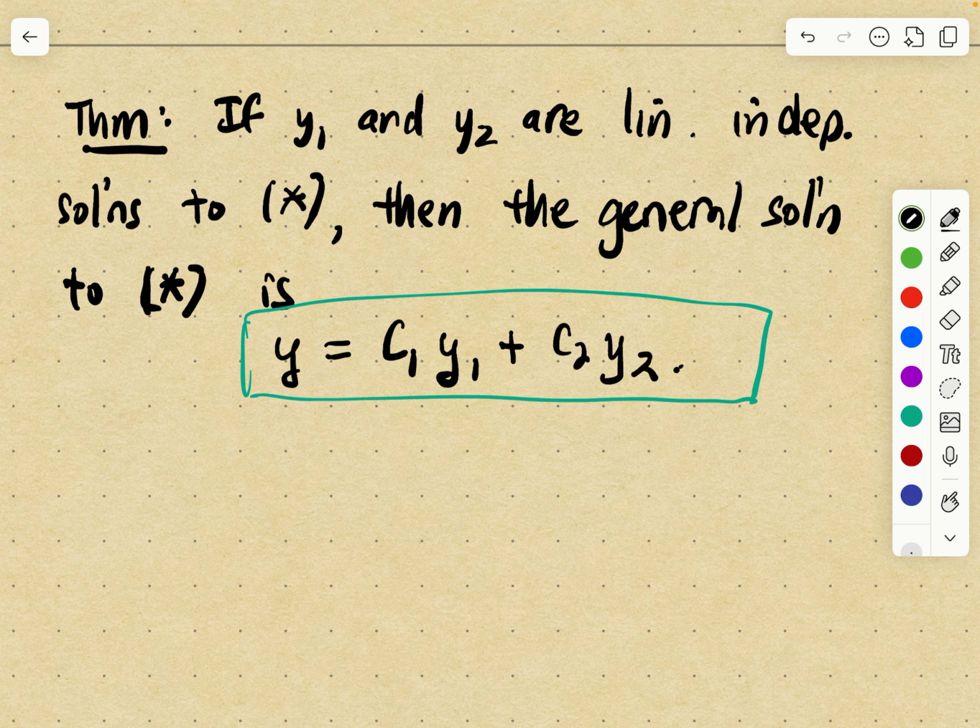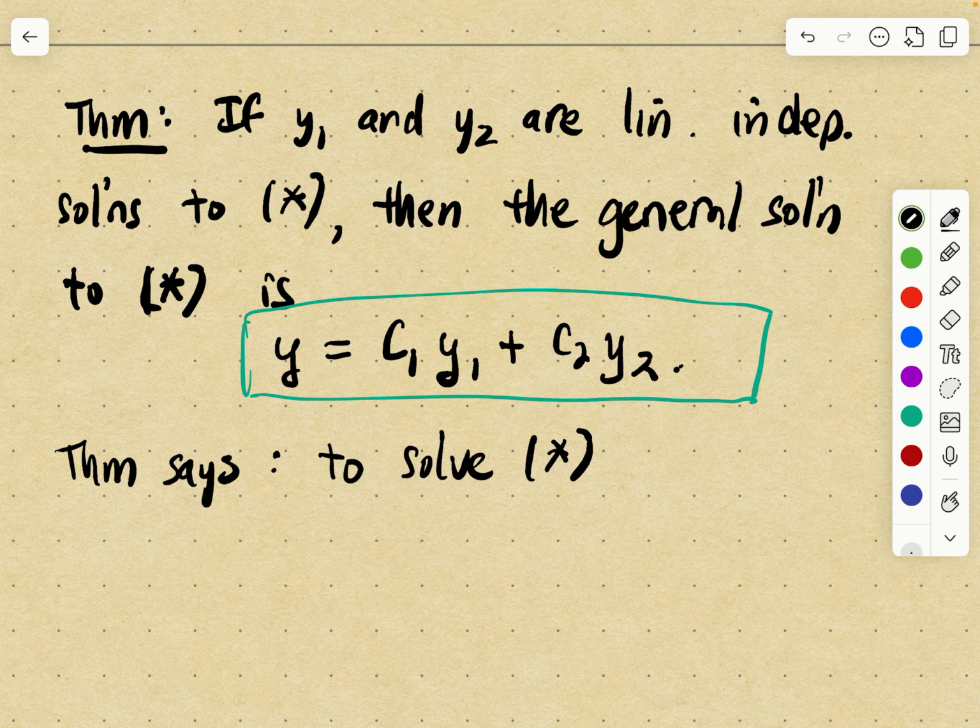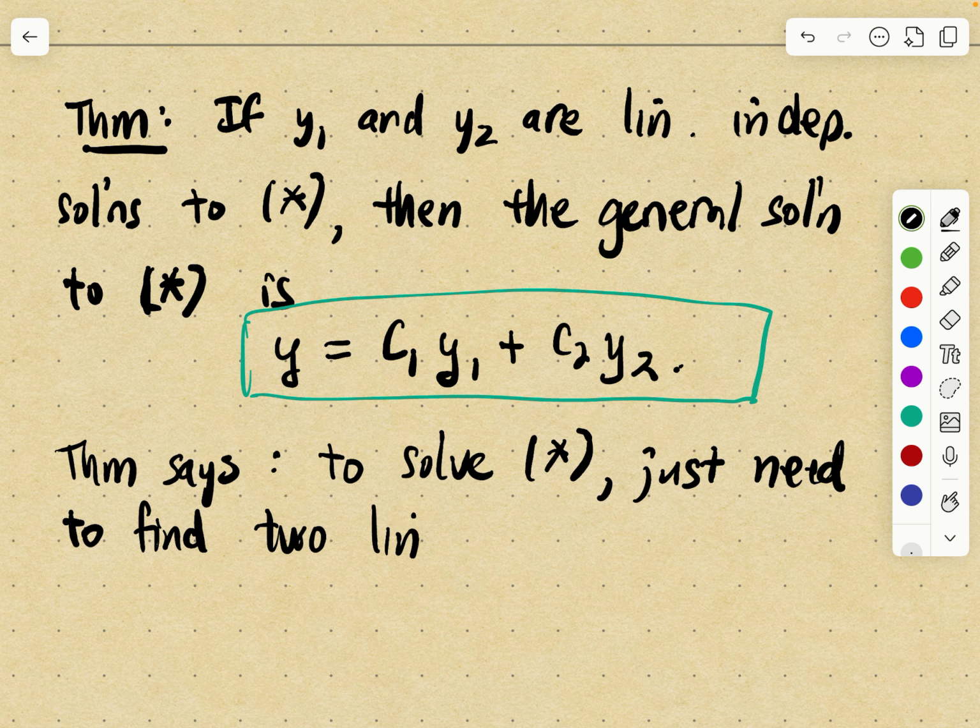The theorem says that to solve the differential equation, and this is only referring to the homogeneous one, you just need to find two linearly independent solutions, the y1 and y2, because once you have those, then you get all of the solutions. It's just c1 y1 plus c2 y2.